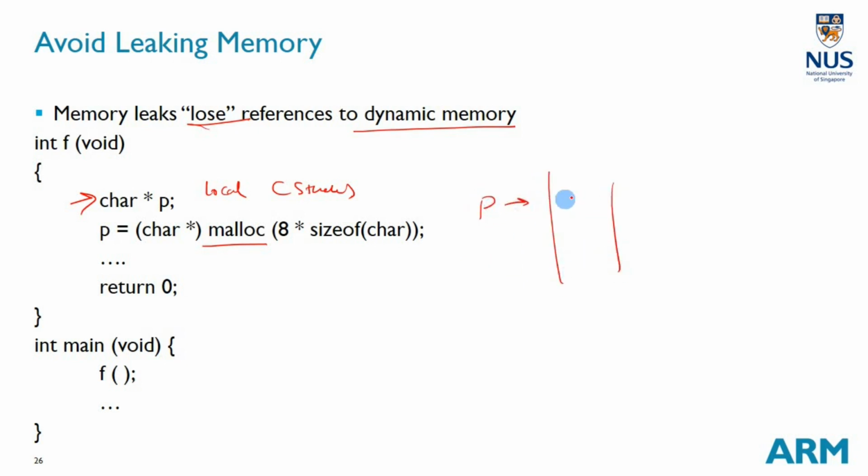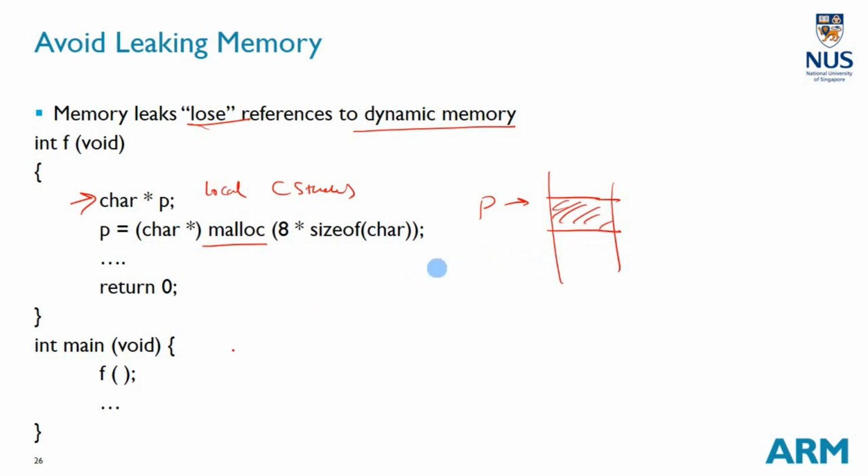As far as the OS is concerned, this chunk of memory has already been allocated and assigned to this pointer p. And what I have done in this function is, instead of freeing up the memory, I return. So what happens? This chunk of memory has already been reserved for p, and since p did not free it, you will always assume that this memory is still being used.